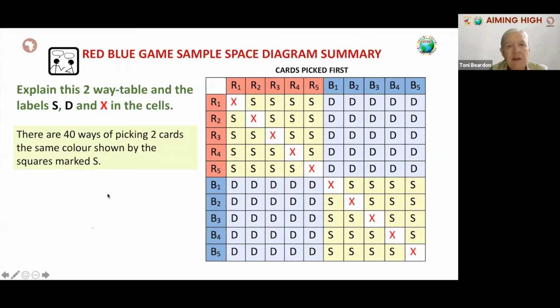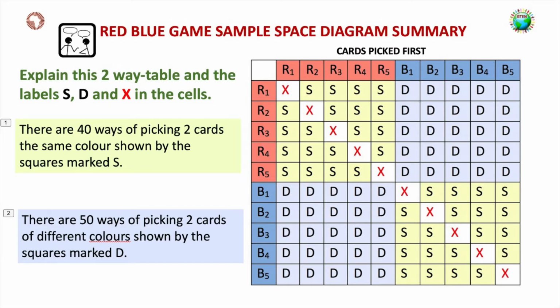Somebody has said that S stands for same and D stands for different. Is it a fair game? How would you be able to tell from this sample space diagram? What is the total number of sames and what is the total number of differences? Does team same have the same probability of winning as team different, or of getting a point?